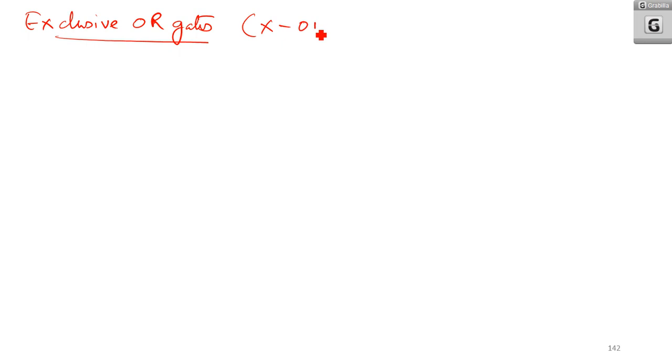So coming to the first part, that is exclusive OR gates. It is also written as XOR gate, or simply you can write it as Xor Gate. Okay.